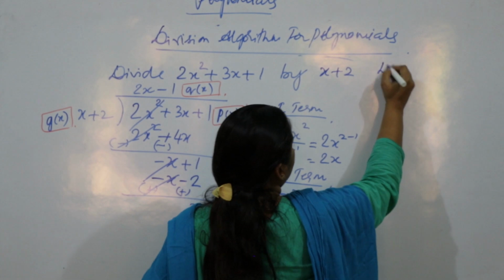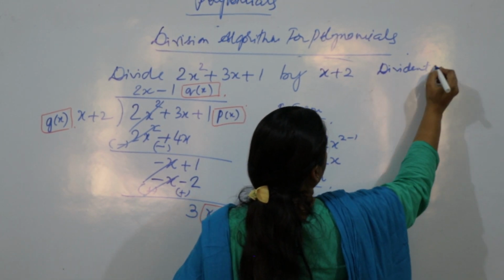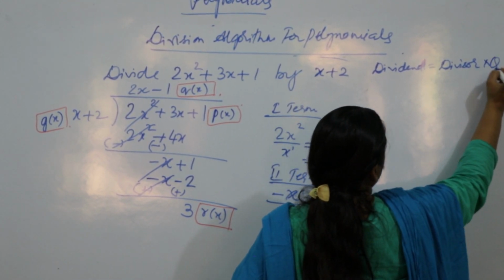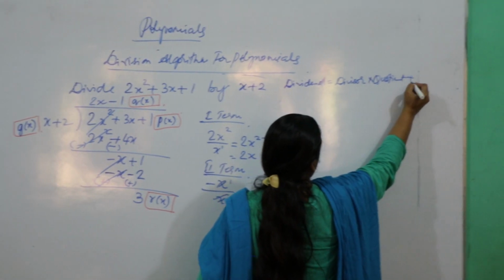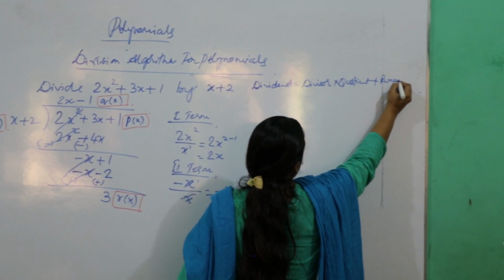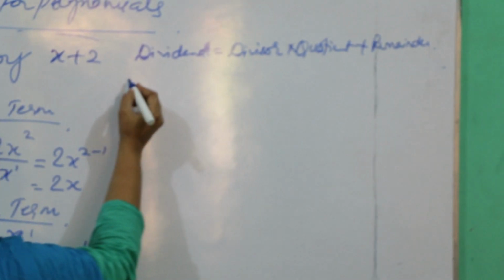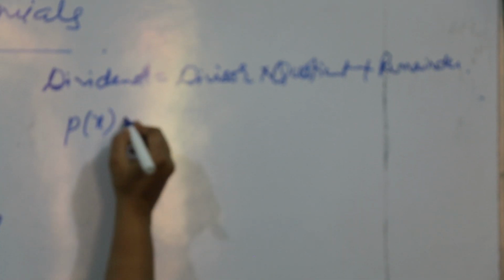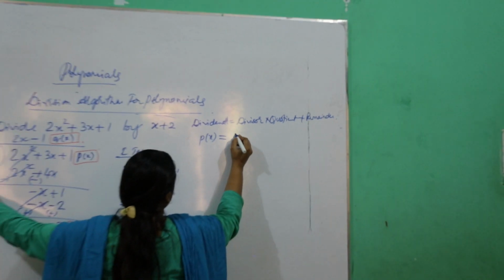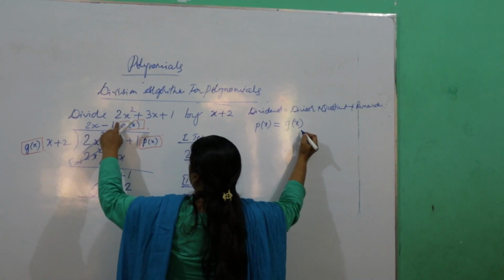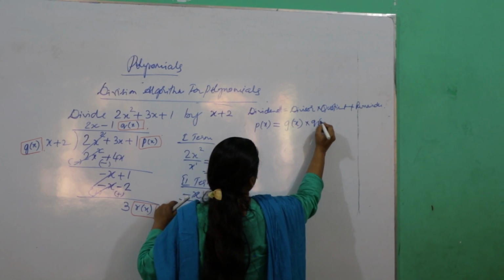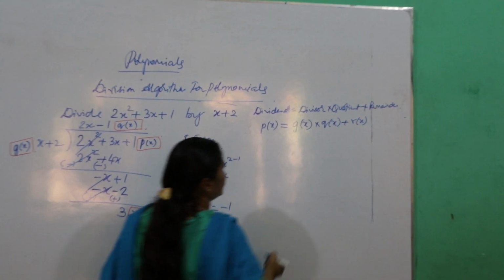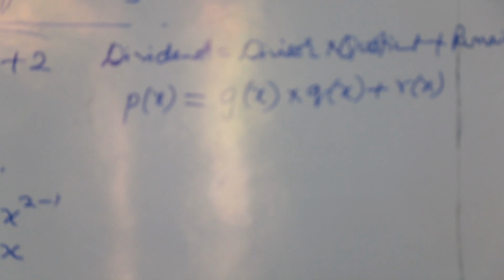What did we see in the earlier discussion? Dividend is equal to divisor times quotient plus remainder. Right? So dividend, what do we call in polynomial? P of x. What is divisor in polynomial? G of x. What is quotient? Q of x. And what is our remainder in polynomial called? R of x. Right?